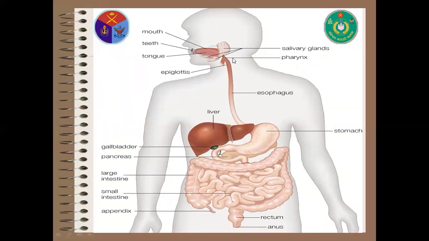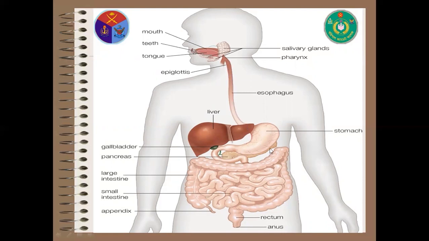It is called pharynx. Pharynx is the common duct of digestive and respiratory system. From here, trachea and esophagus are separated. Then the next part is called esophagus, which starts from pharynx and is attached to stomach. Its length is 25 centimeter.